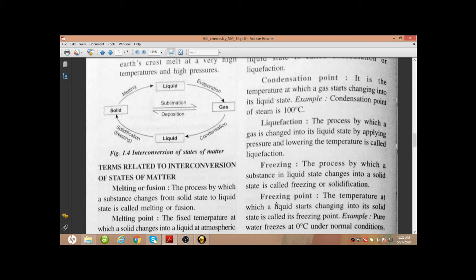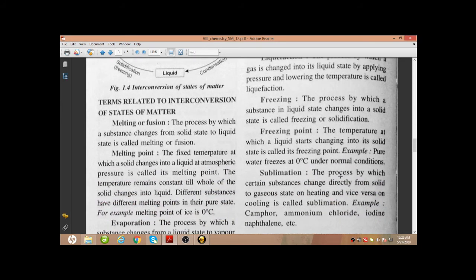By the liquefaction process we get liquid oxygen, liquid nitrogen, liquid hydrogen, etc. Freezing point is the temperature at which a liquid starts changing into its solid state. For pure water, this is 0 degree centigrade under normal conditions.